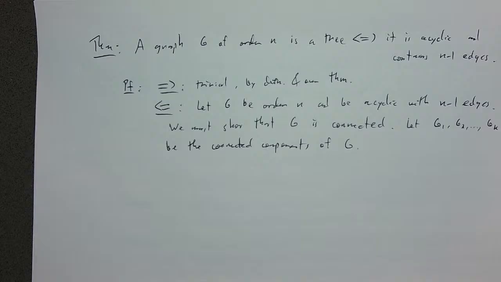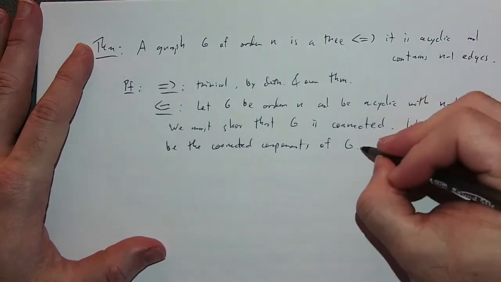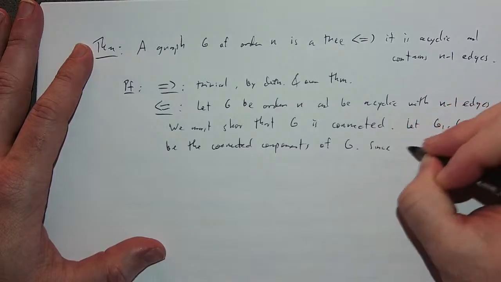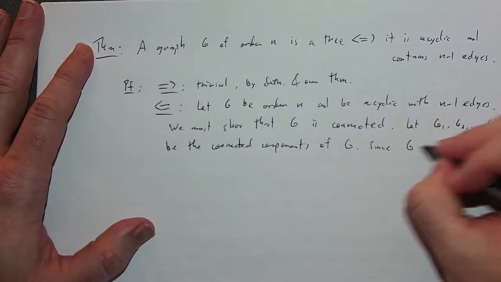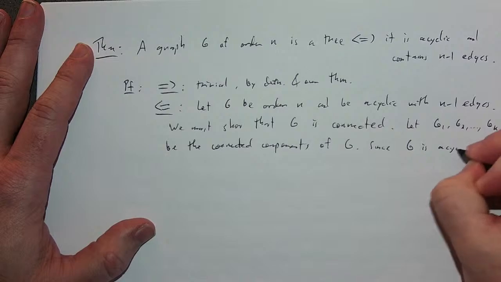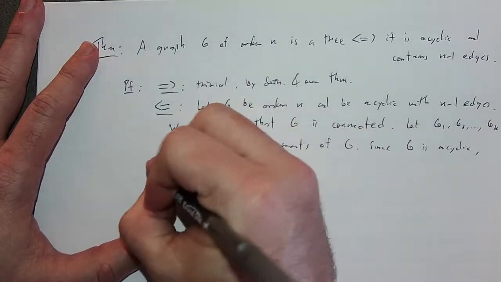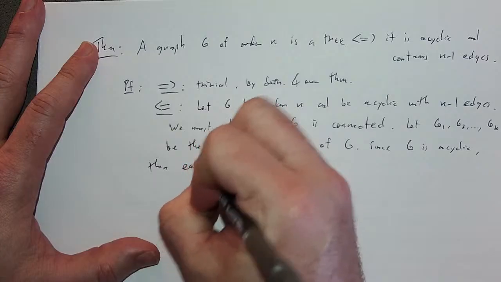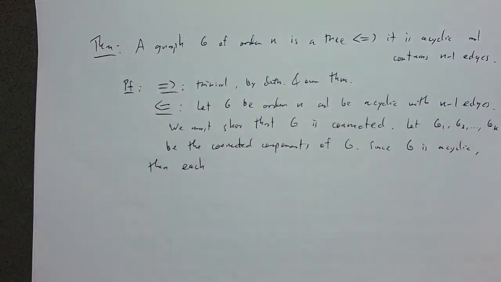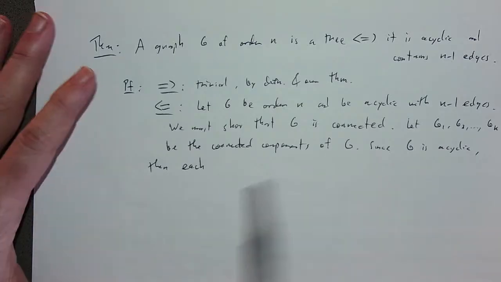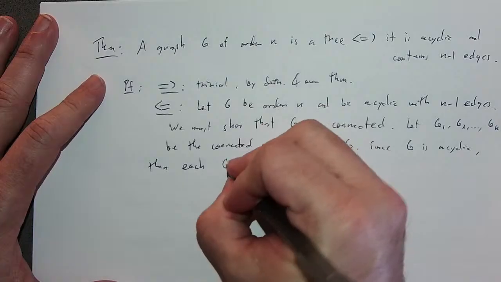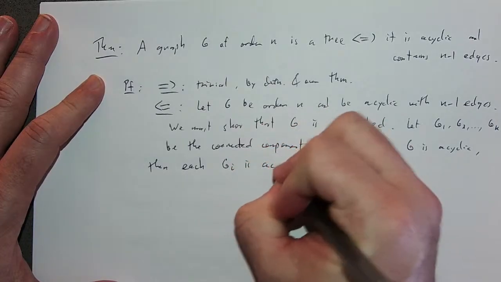Now, since G is acyclic itself, then each of these is acyclic, because a cycle in one of these connected components would be a cycle in G. So if G has no cycles, then none of the connected components can have cycles. So if G is acyclic, then each G sub i is acyclic.